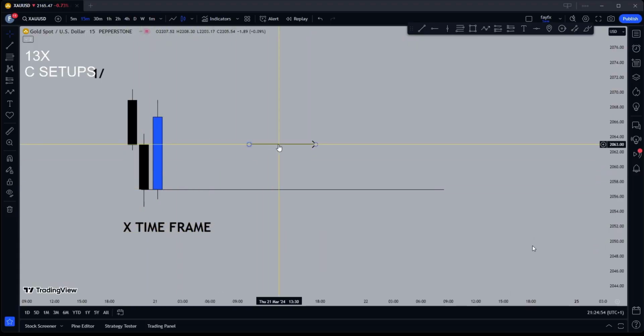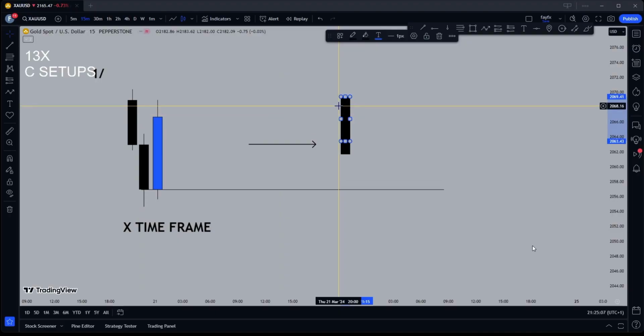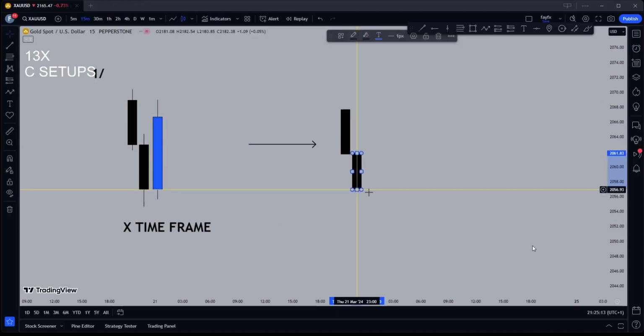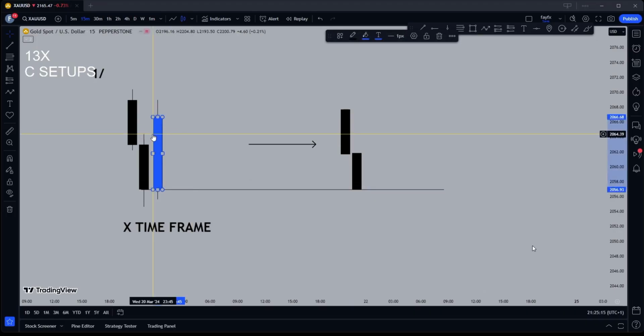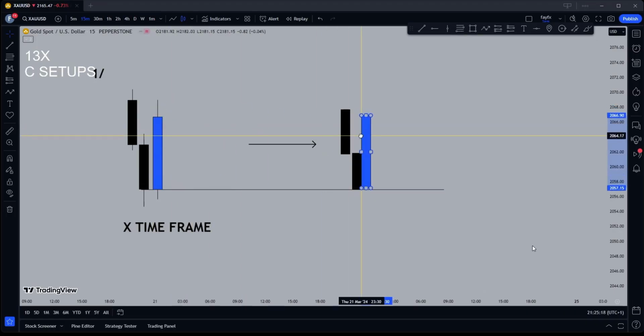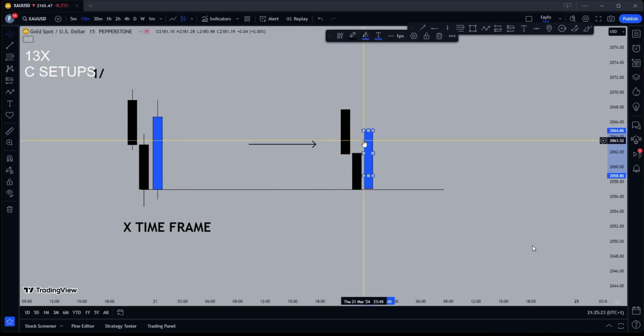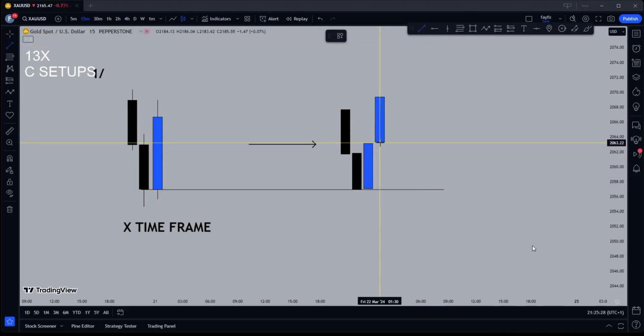And when we go to 30 minutes, we find a classic CC. That's what we are going to find one time frame below.